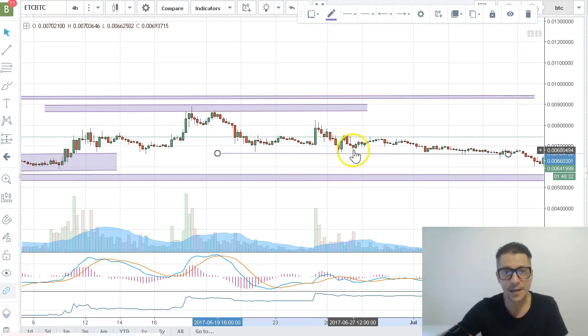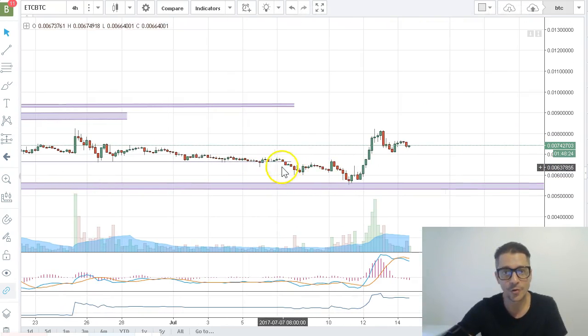It tested it again and again, and then it got closer and closer, and at some point here it actually broke that support. Once it broke this support, it was going to test the next support, which is here, and that's exactly what it did.